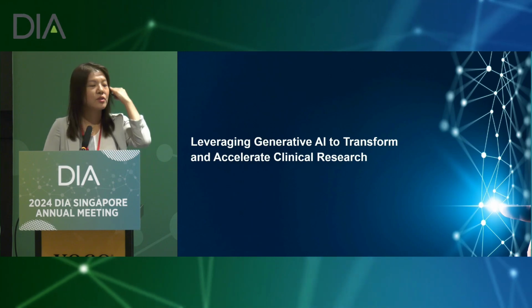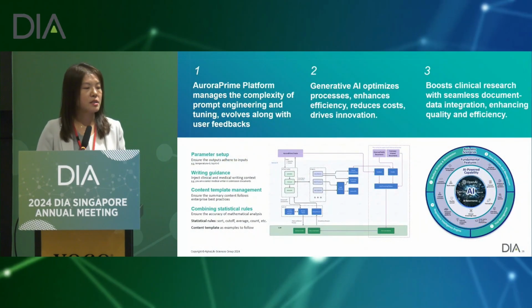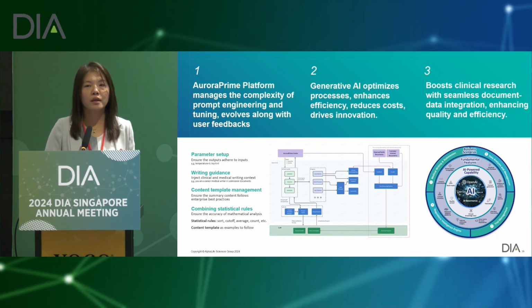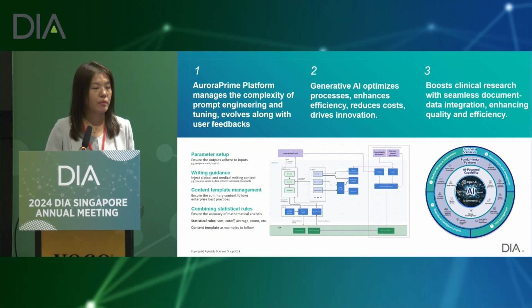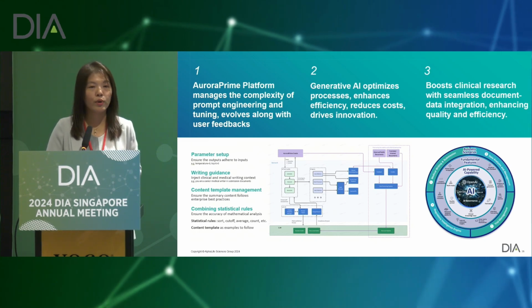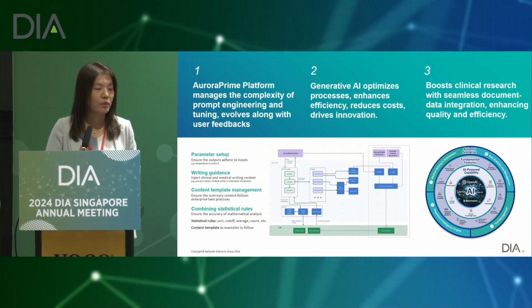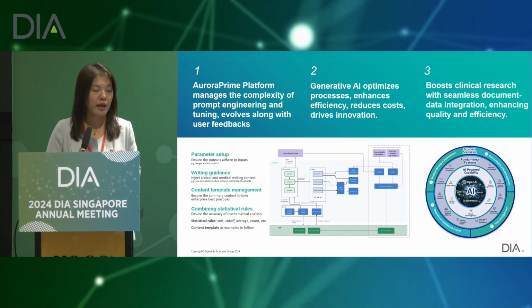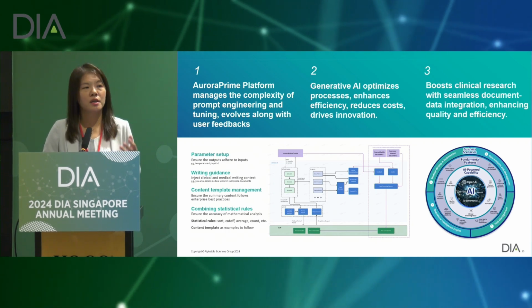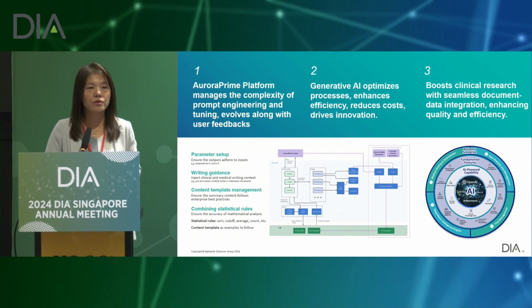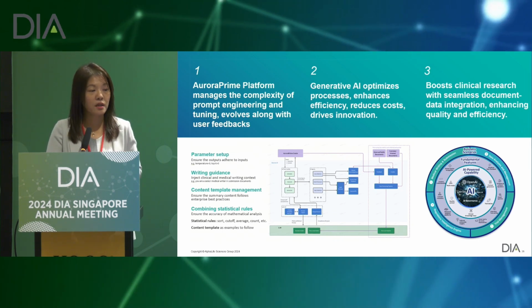Okay, so lastly, to wrap up this session, in our AlphaLife Sciences AuroraPrime platform, we manage the complexity of prompt engineering. Meaning that in the large language model, we have templates, we have examples, we have the prompts, and then we can call up different prompt engines in that aspect. And because our team's expertise lies within the clinical trial industry, we understand the procedures and the complexity of the data.